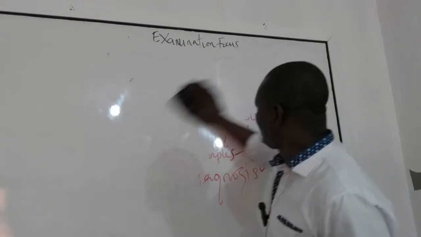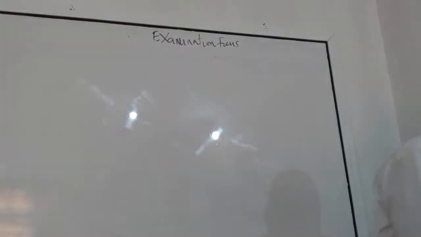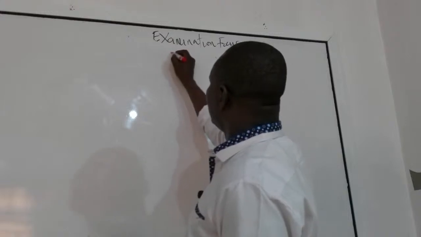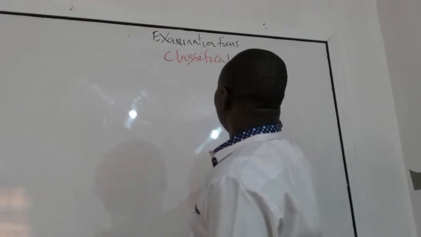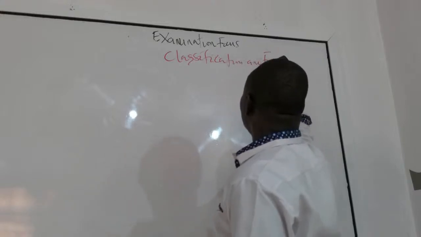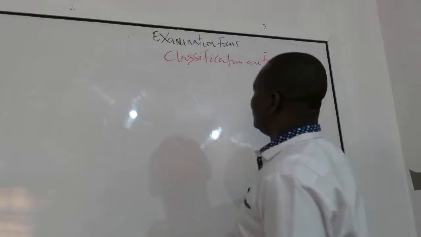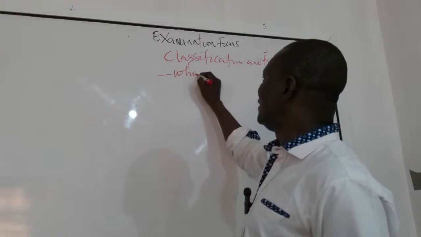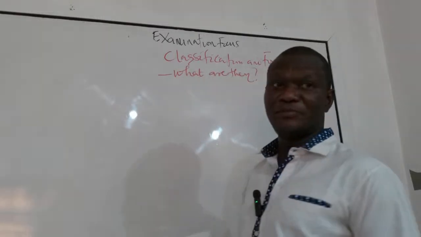The fourth aspect has to do with your understanding of the classification, types, and functions of immunoglobulins. The first one is, what are they? Immunoglobulin, what are they? So answer this very big question.